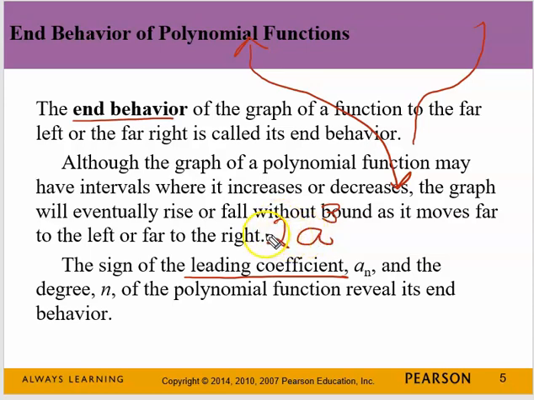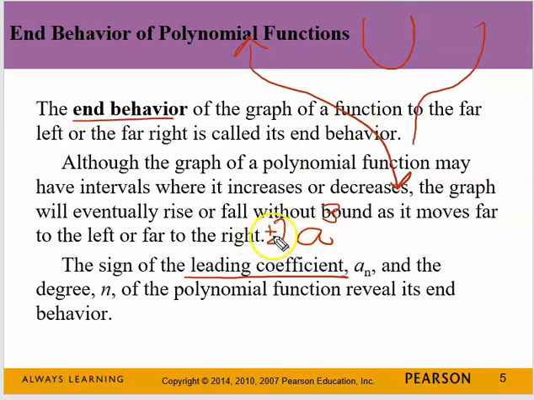And if this is a positive value, then that's going to tell you that it's going to start usually high. And we had that when we did the parabolas. If a was positive, they look like so.